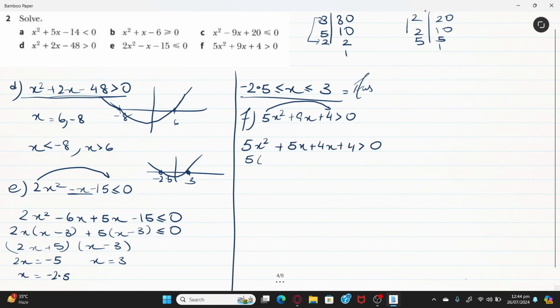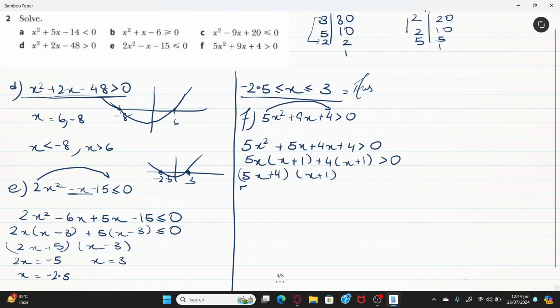So 5x as the common factor, x squared plus, my bad, 5x as the common factor, x plus 1, plus 4 as the common factor, x plus 1 is greater than 0. So we are going to get 5x plus 4 and x plus 1.